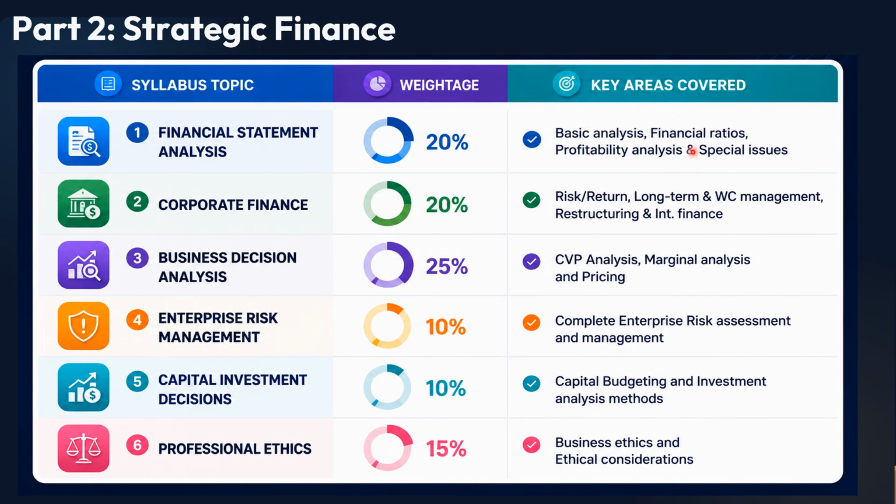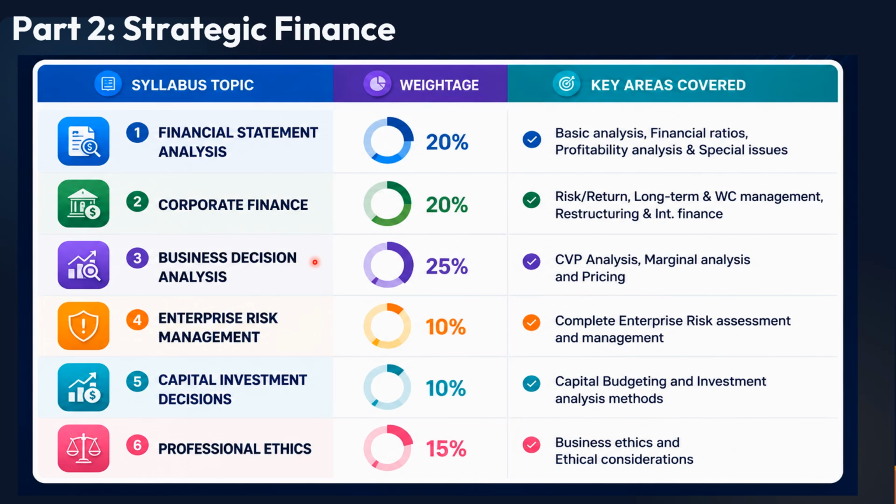Now, basic analysis, financial ratios, you're going to study all the ratios here, profitability analysis, and some special issues we're going to cover in this topic. Next comes corporate finance, a beautiful topic again. Risk and return, long-term investments and working capital management, restructuring, and we talk about international finance under this. The financial market also will be covered here.